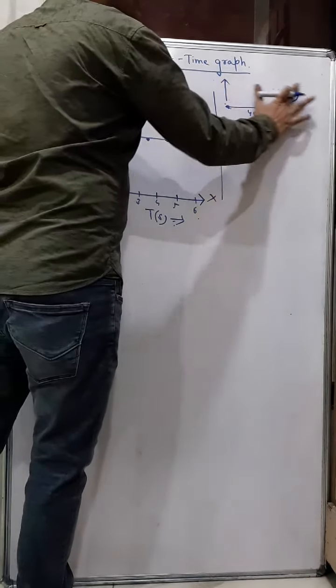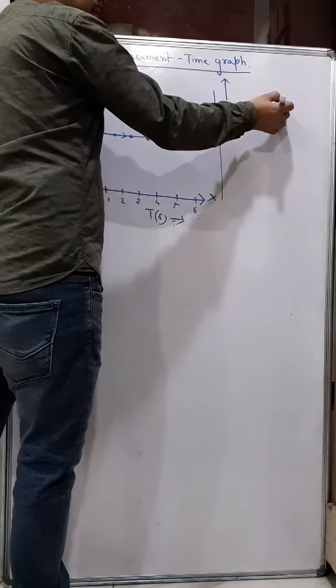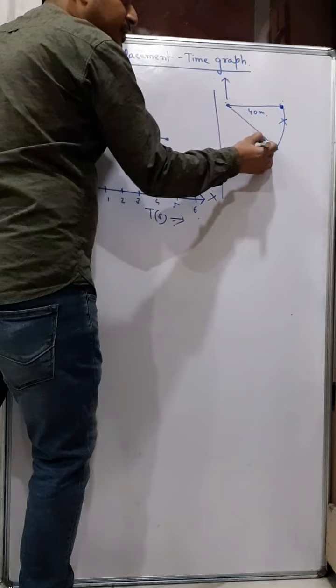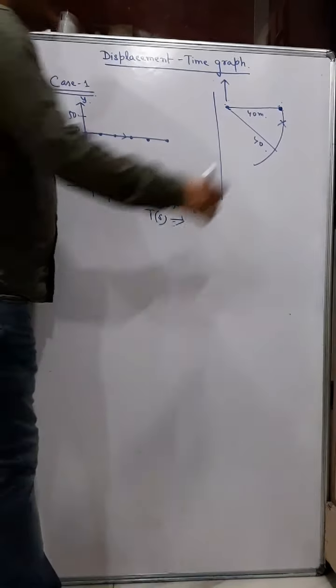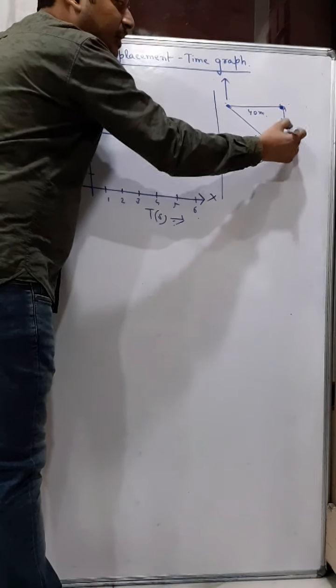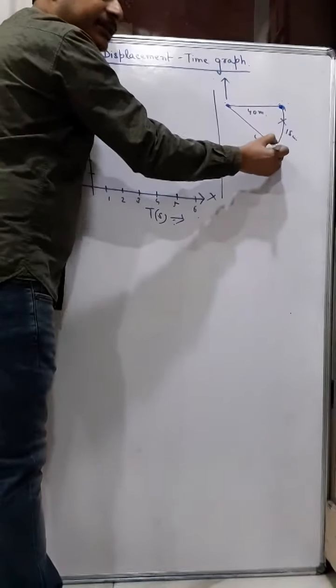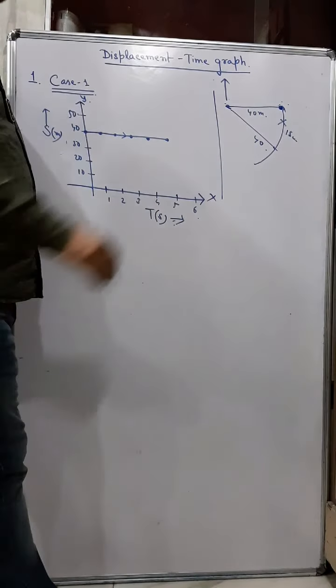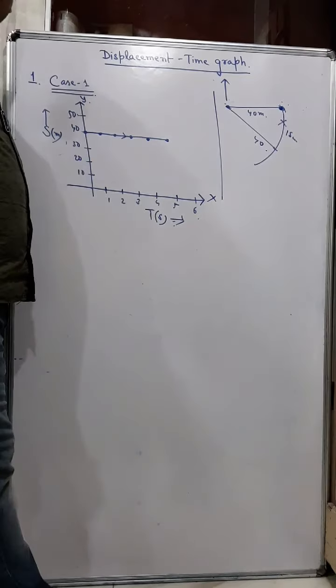You may say, sir, the boy can move in a circular motion, and then also the displacement will be 40. So from here the boy comes here, and here also it is 40 initially, and after 1 second the boy comes here, then also the displacement is 40. Then in this case the boy is not at rest.